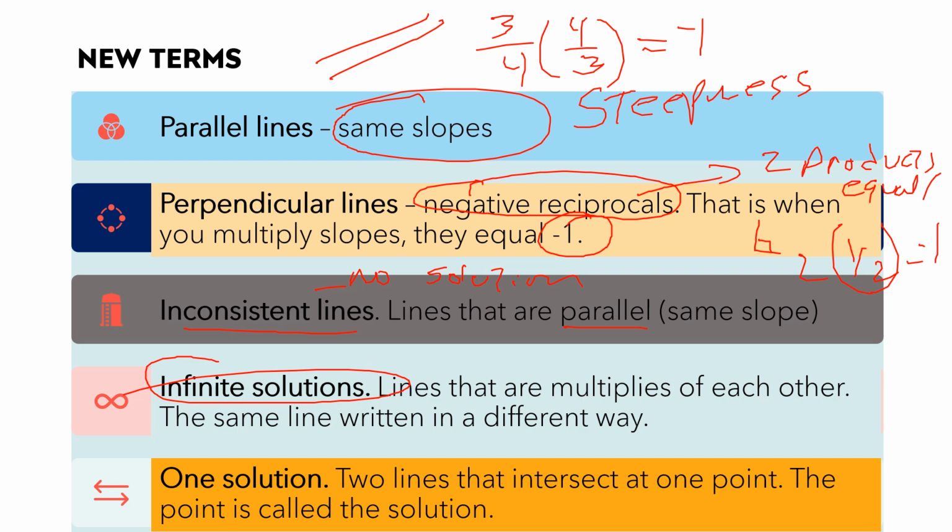Well, it's because they're multiples of each other. It's the same line, just written in a different way. So when you have a system of equations and you have the same line on top of each other, like you have here, we call that infinite solutions because it touches everywhere. And then one solution, that's just your intersection. X marks the spot.